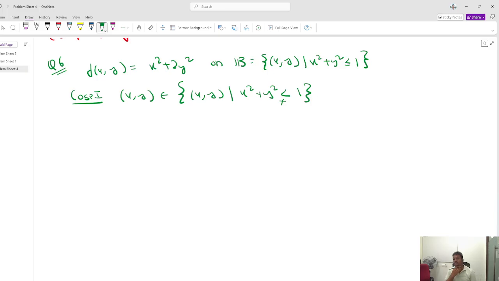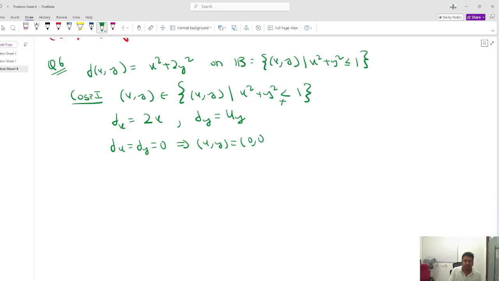Here you can use your usual double derivative thing. So what is f suffix x guys? That is 2x. What is f suffix y guys? That is 4y. So what will be your critical point when both of them vanish, meaning (x, y) equal to (0, 0). Well, f at that point is 0. And let us calculate fxx. What is fxx? 2.